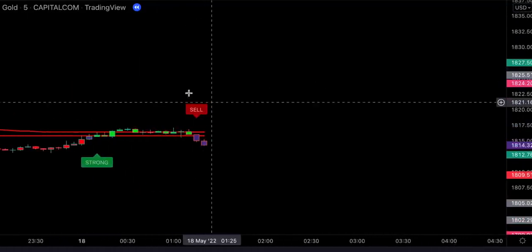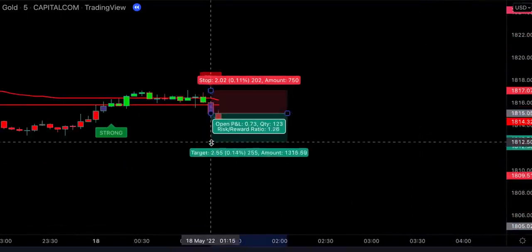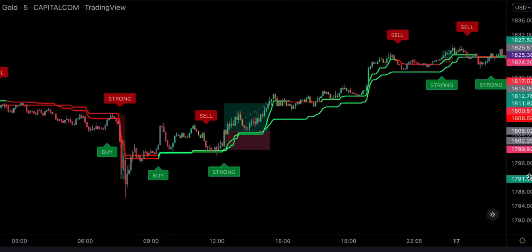Alright, so here we see we've got a new valid sell entry. Okay, so now we know exactly how to trade with this strategy, so let's actually backtest it 100 times and see how well it performs in different market conditions.